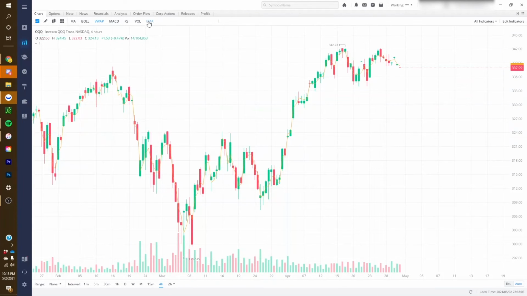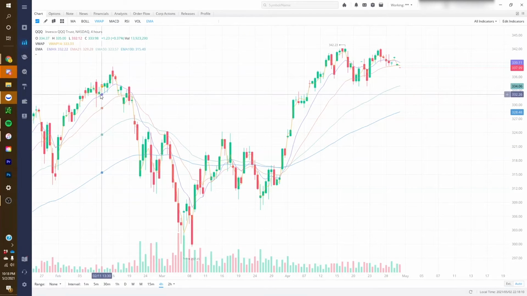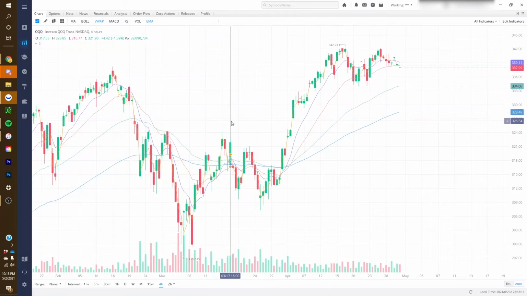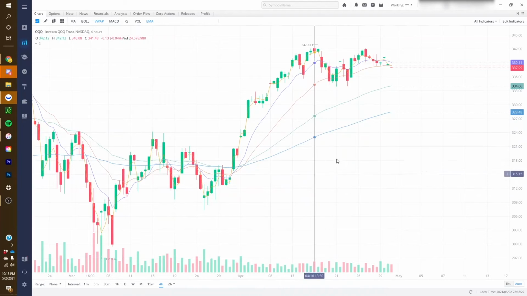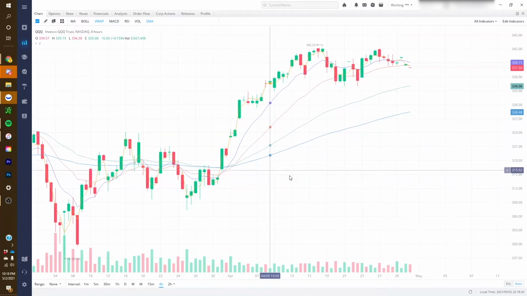And then I use EMA. My EMAs are right here. I use EMA 9, 21, 50, and 100. If I'm using different applications, I might use SMA because I like SMA the most, but Webull doesn't have SMA on this application, so I just use EMAs. They're all pretty good. Not too much of a difference between them.